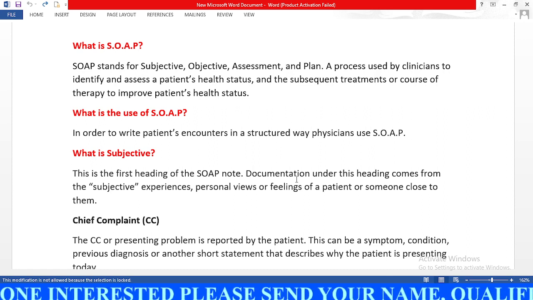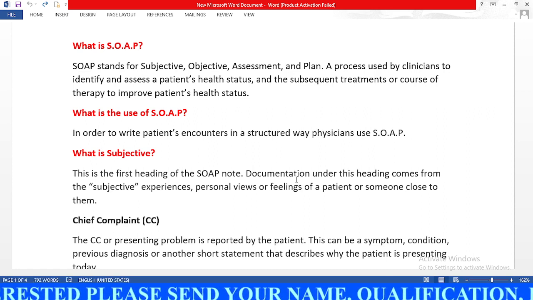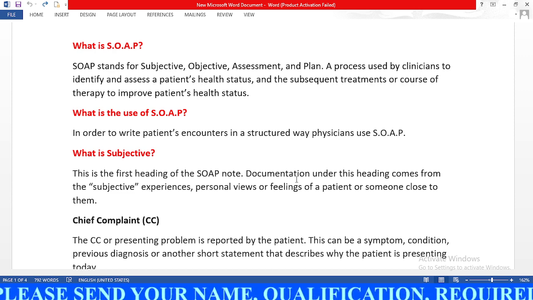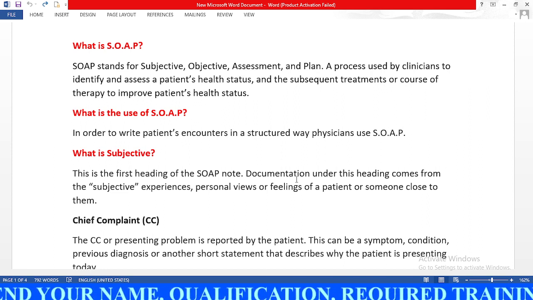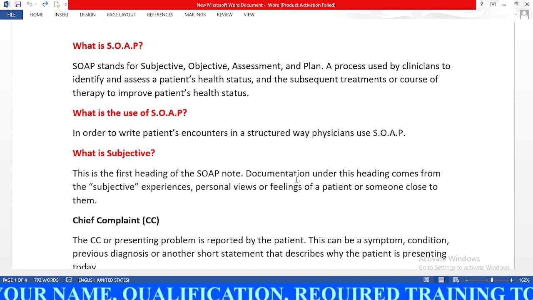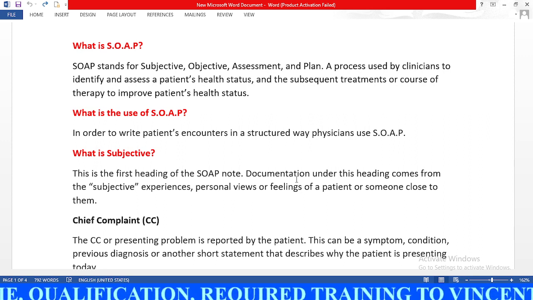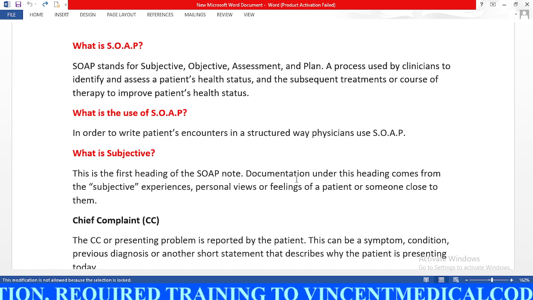Basically, the SOAP format is mostly used by physicians. After checking the health status, the physician will use different methodologies, including treatment, in order to improve the patient's health.